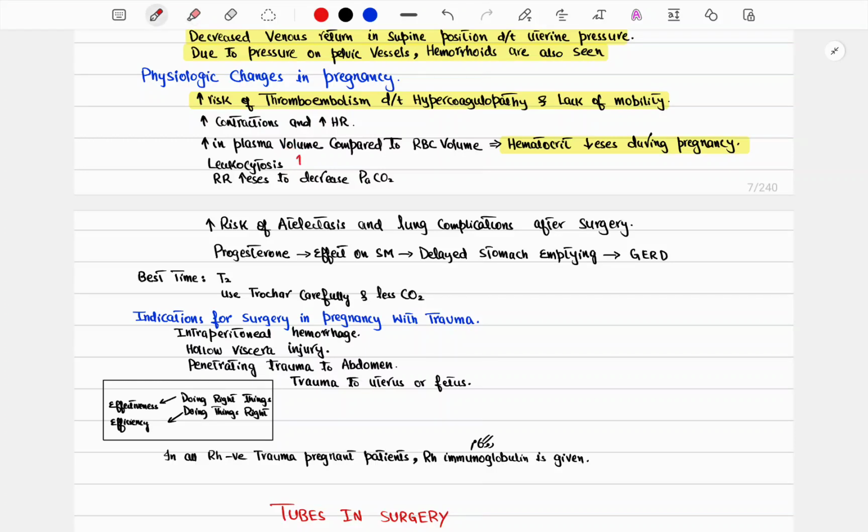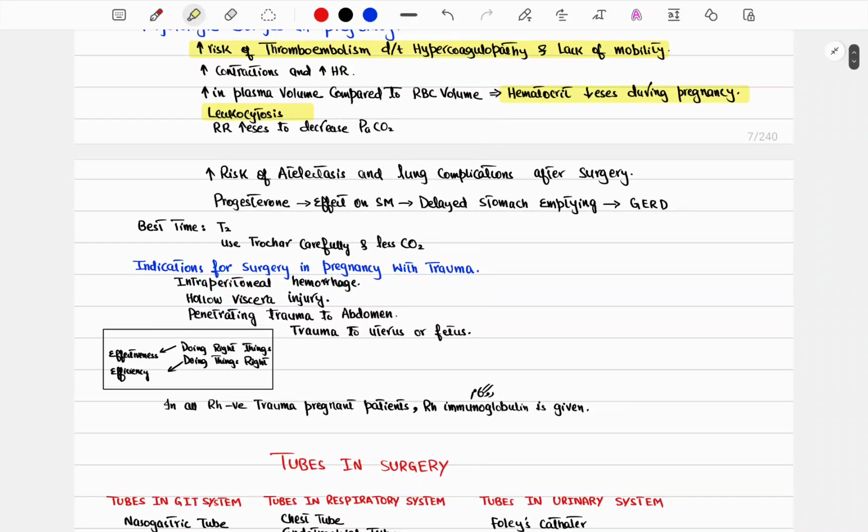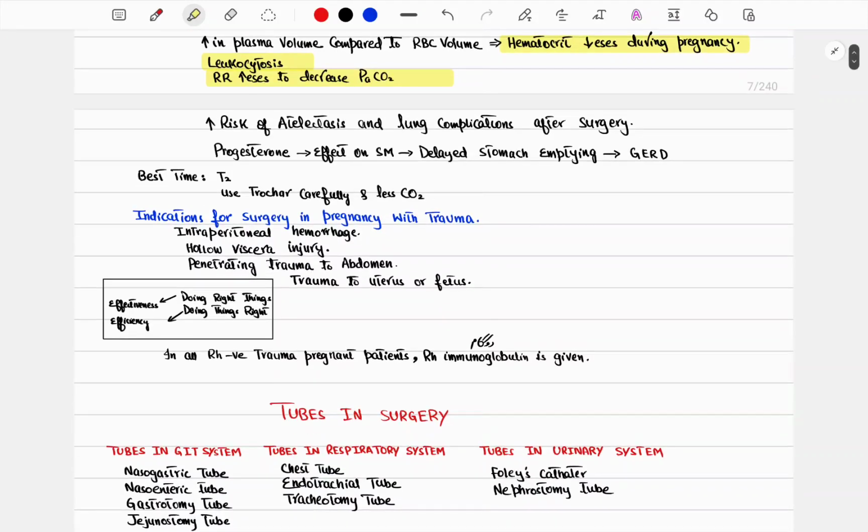There is leukocytosis in pregnant patients. There is a respiratory rate increase because the partial pressure of carbon dioxide is higher, so they tend to breathe more frequently. There is increased risk of atelectasis and lung complications after the surgery.